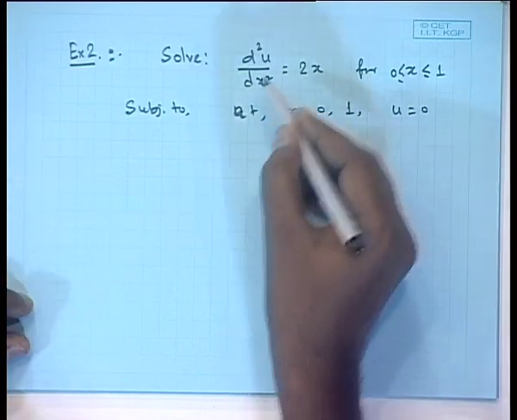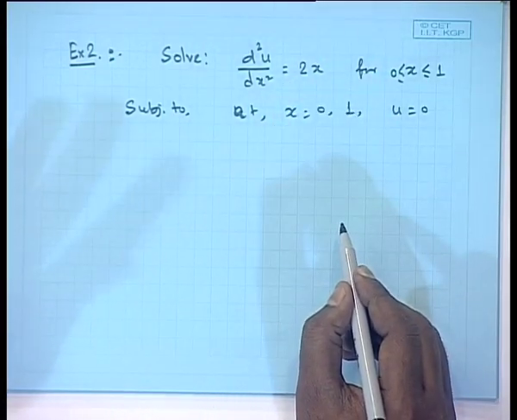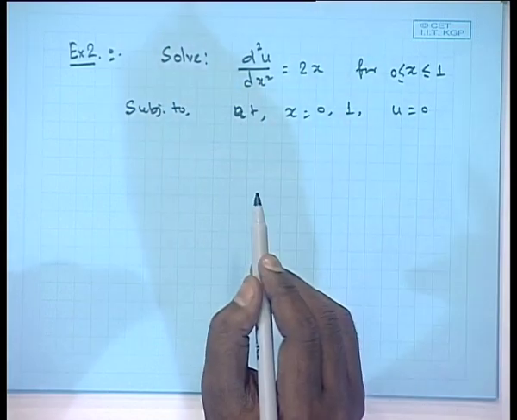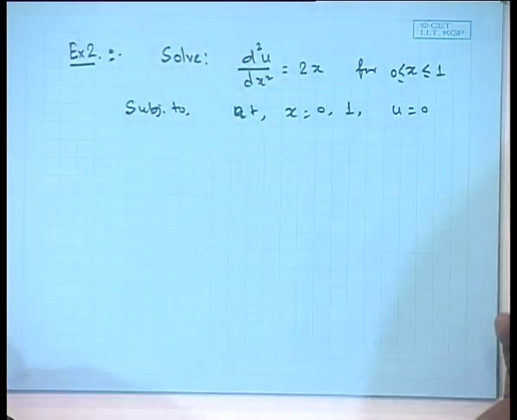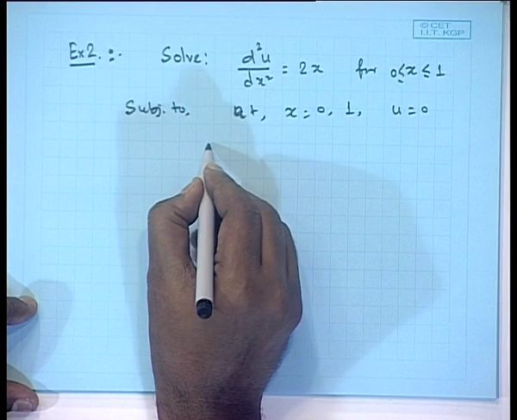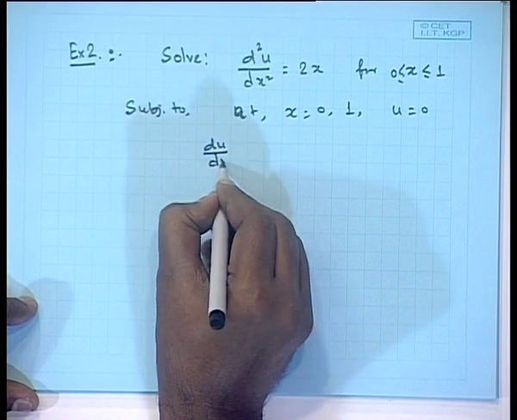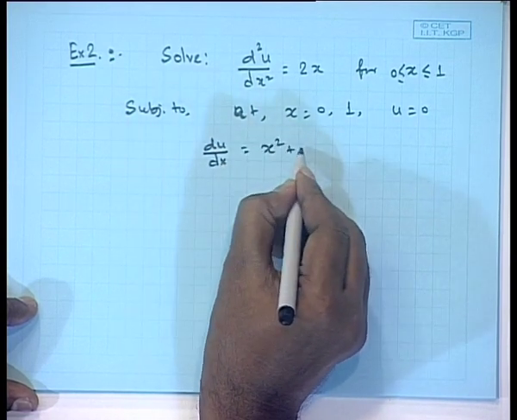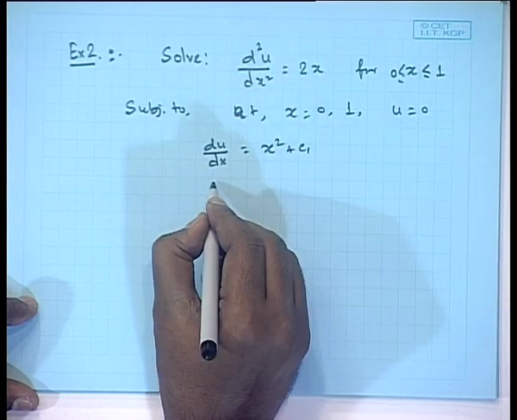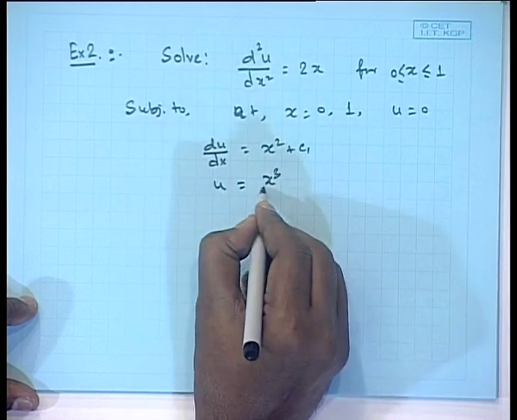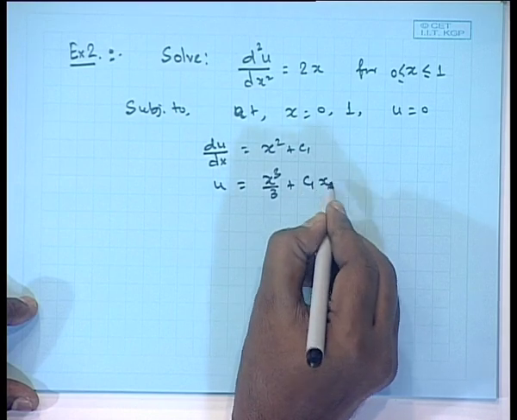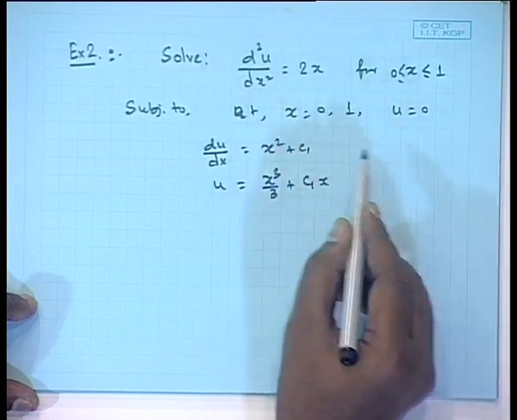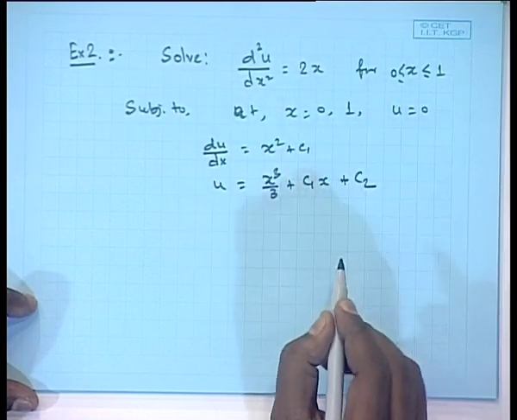Now, we would like to get the solution of u using Green's function method. Let us look into the solution first, then we will compare our solution with the Green's function method. What is the solution of this? This will be simply du/dx is equal to x square plus c1, and u will be x cube by 3 plus c1 x plus c2, right.